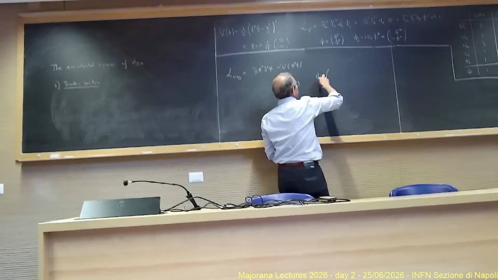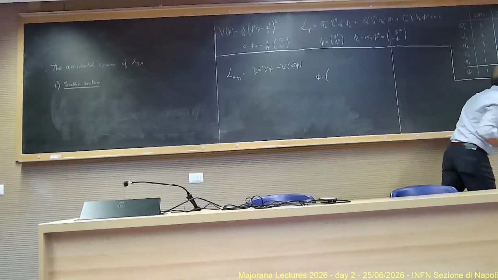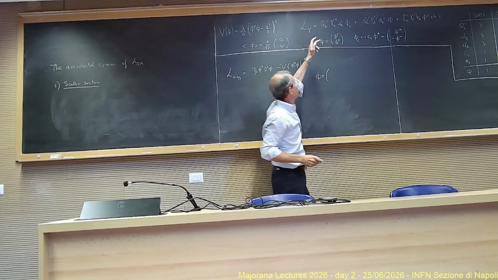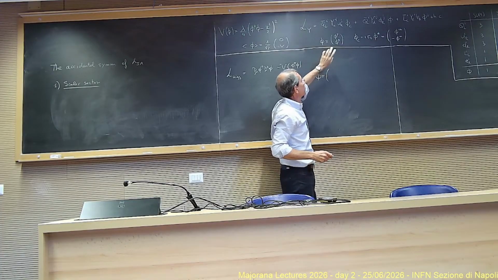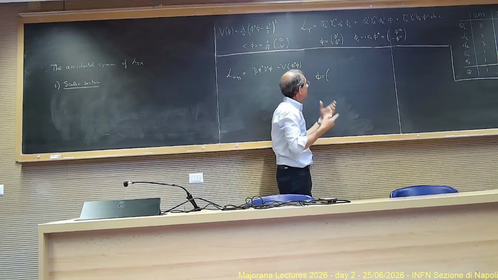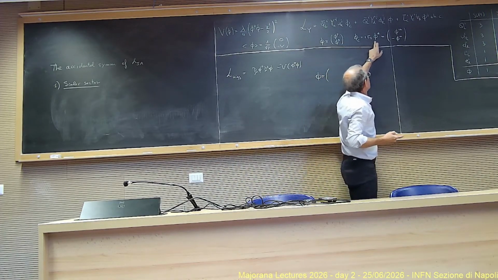The Higgs field is a complex doublet. It's a doublet with a given hypercharge. Usually we write it in terms of the charge components, phi plus, phi 0, and as we said briefly yesterday, we can also build another doublet which is not independent, which is this phi c, which is just i sigma 2 phi star.